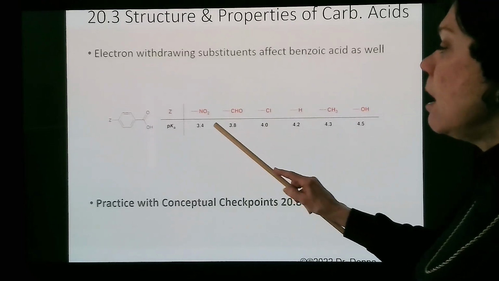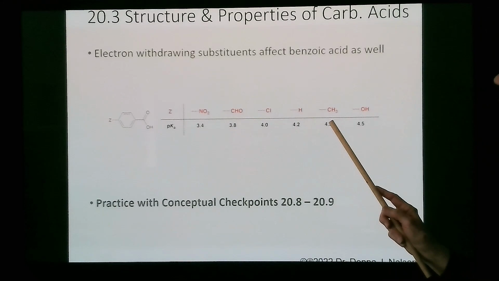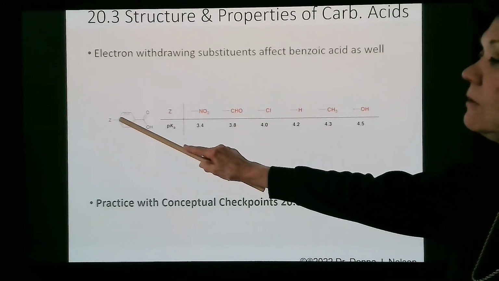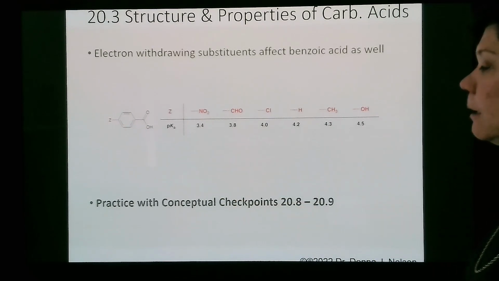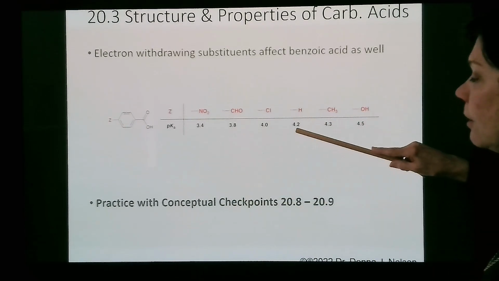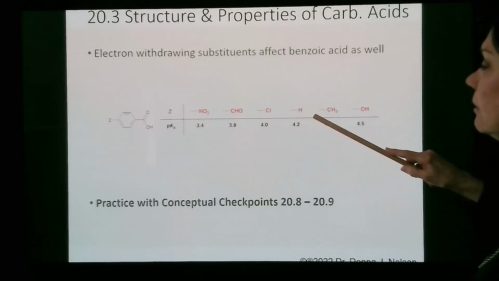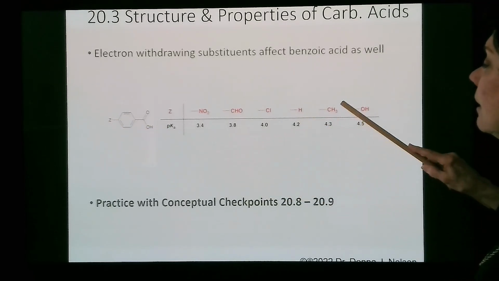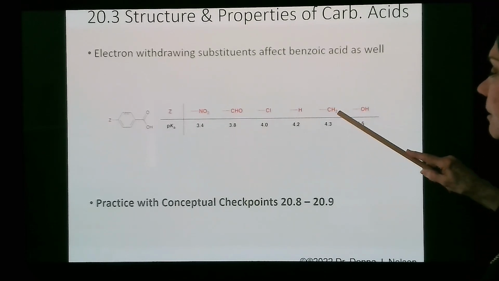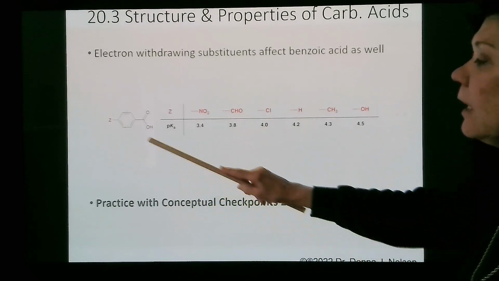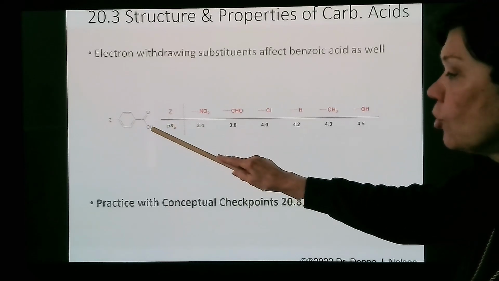This is shown by moving to a lower pKa. However, if one attaches electron donating substituents at that para position, and you compare the pKa to that of the hydrogen at that position, just a simple benzoic acid, if you attach electron donating substituents, the electron density at this end of the molecule increases.